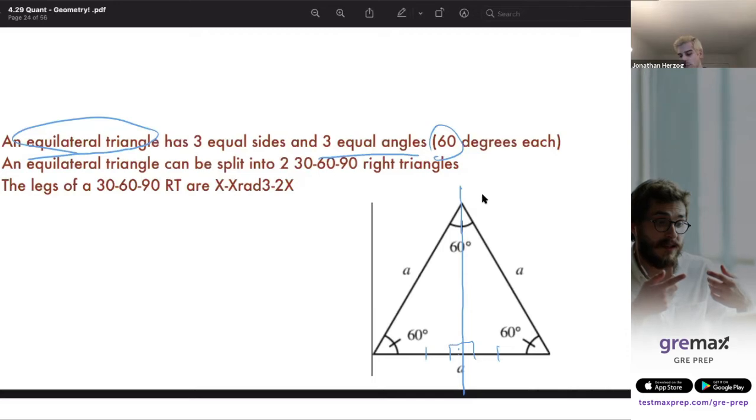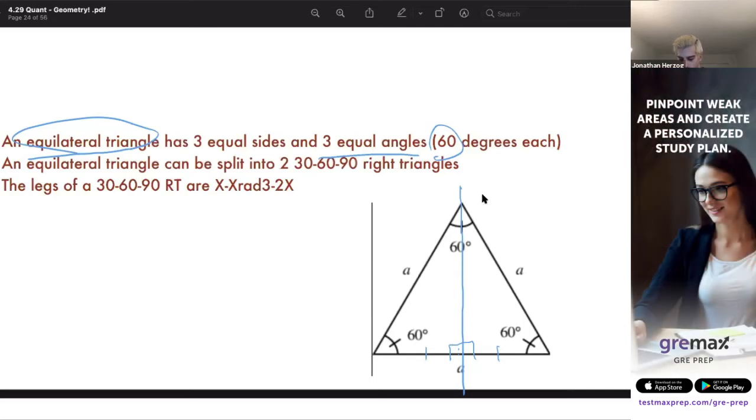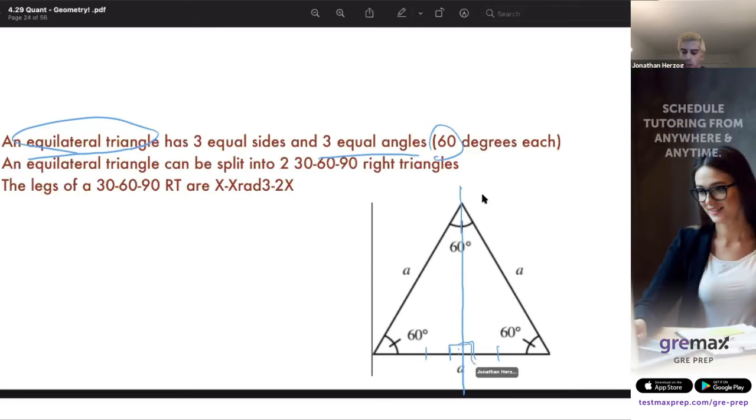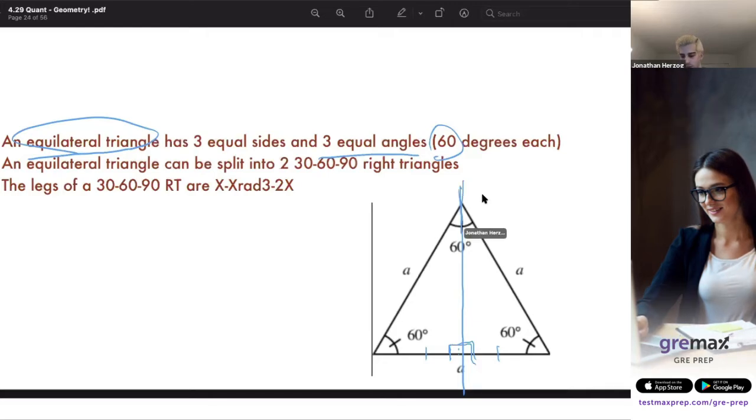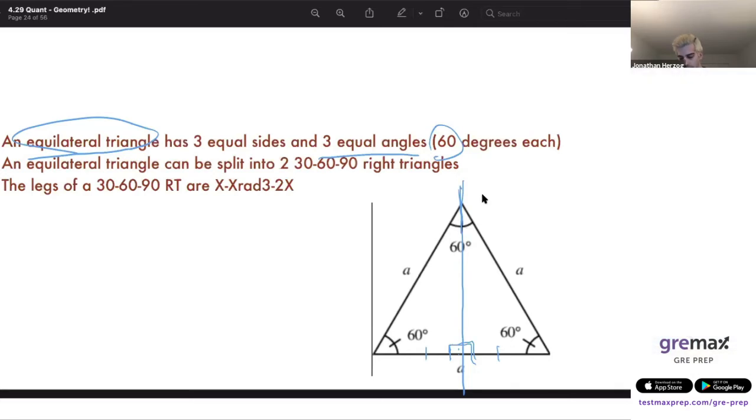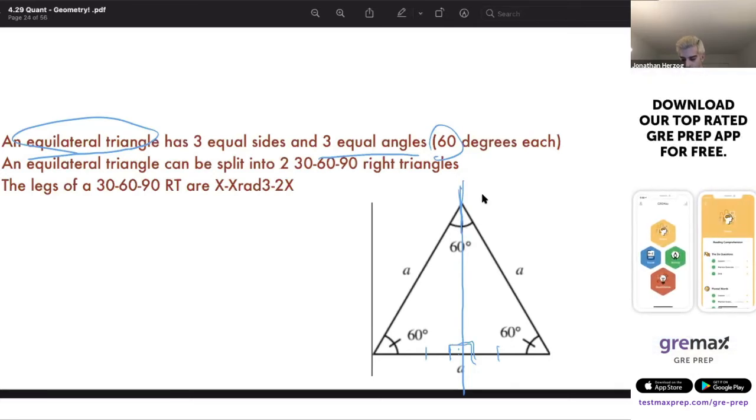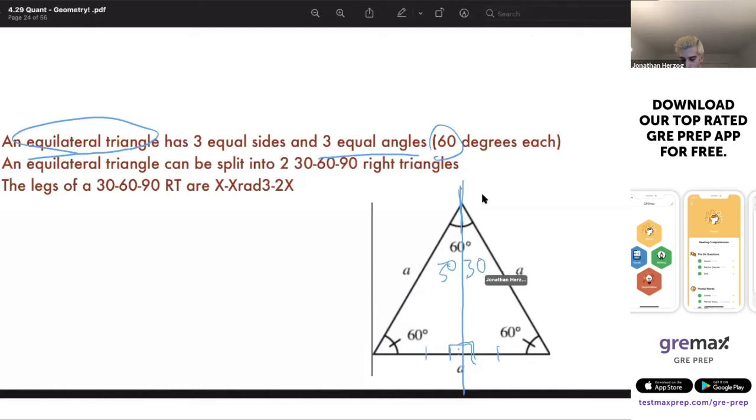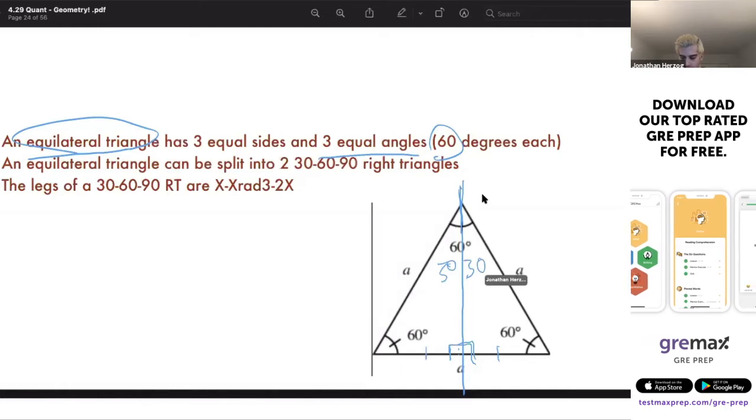This is the definition of a bisector. It's a perpendicular bisector. It cuts this side into 2, so it creates 2 90-degree angles. We know the equilateral triangle has 3 60-degree angles, and this bisector is cutting this angle in half, so 60 divided by 2 is 30. So voila, we've created a 30, 60, 90 triangle.